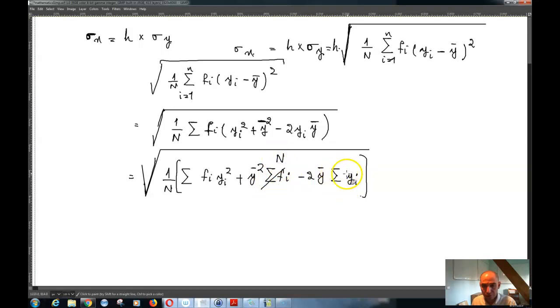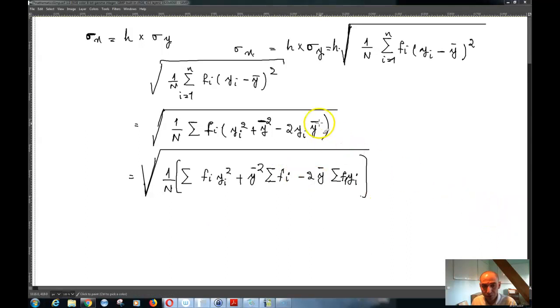And sigma of y of i from 1 to n, if I divide that by n, of course f of i is supposed to be multiplied here as well, so that is going to be y bar.